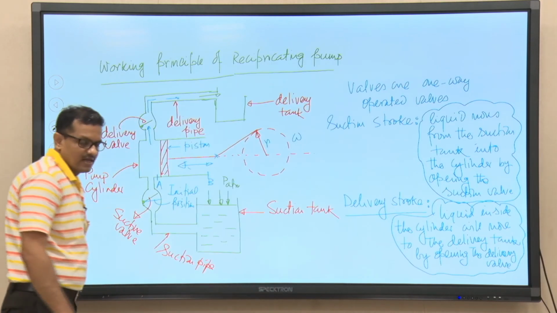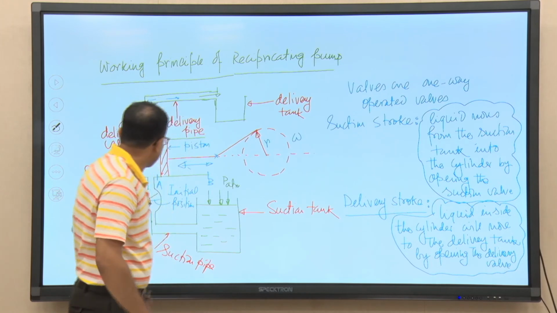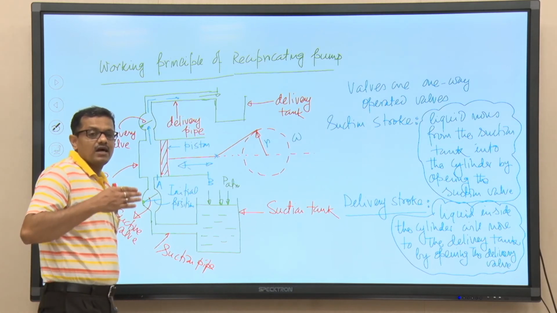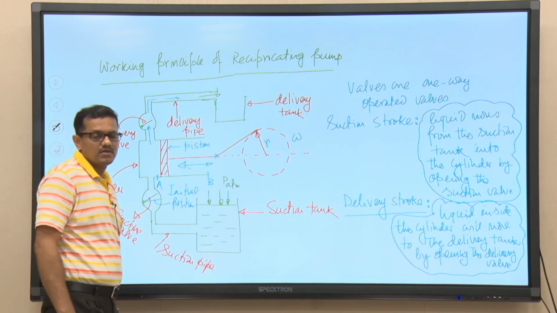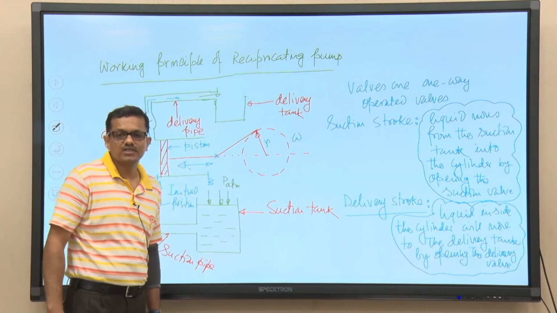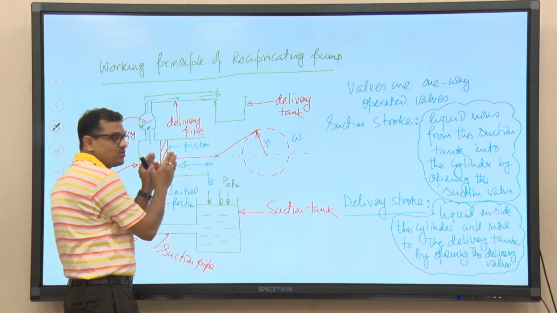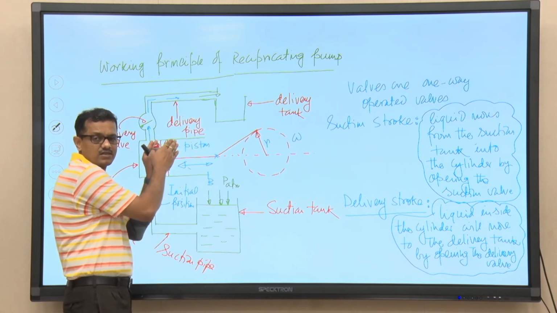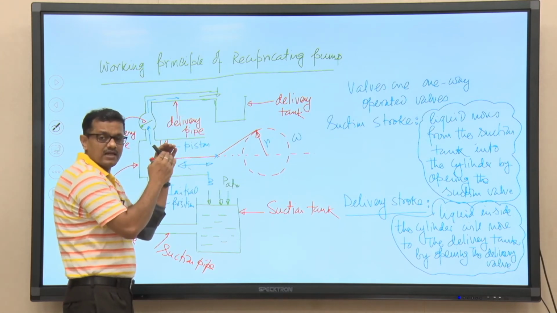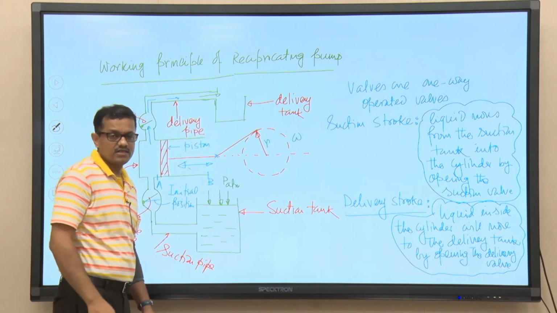Now, try to understand, as I have briefly discussed, that for a positive displacement pump there is a physical displacement of the boundary of a certain liquid mass, and that is why the words positive displacement are used. When a certain amount of liquid is drawn into the cylinder during the suction stroke, that liquid has a boundary, and that liquid volume is discharged to the delivery tank during the delivery stroke.